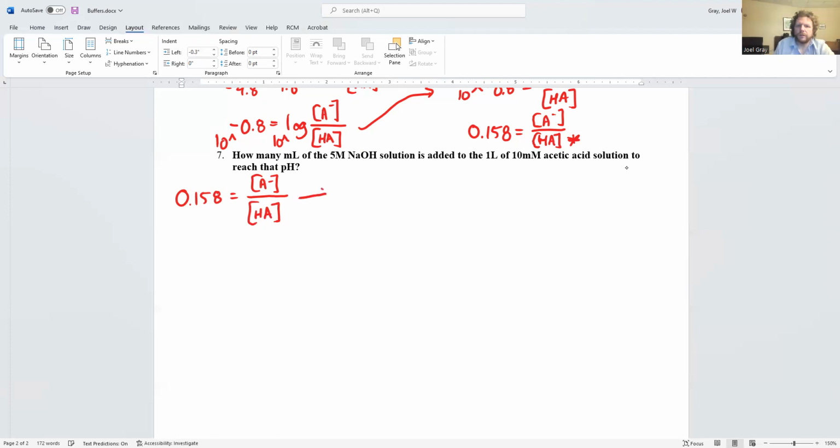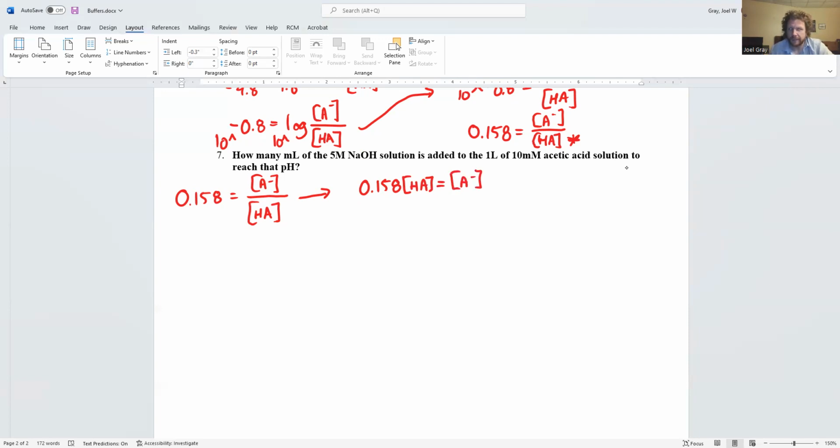I want to rearrange this so that I can put everything in terms of A minus, my deprotonated form. I can do that simply by multiplying each side by the concentration of HA. Whenever I do that, I end up with 0.158 times the concentration of HA is equal to the concentration of A minus.